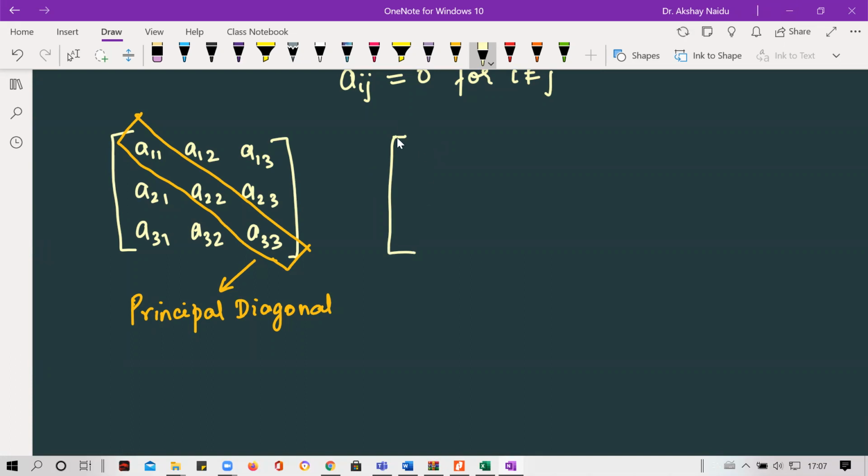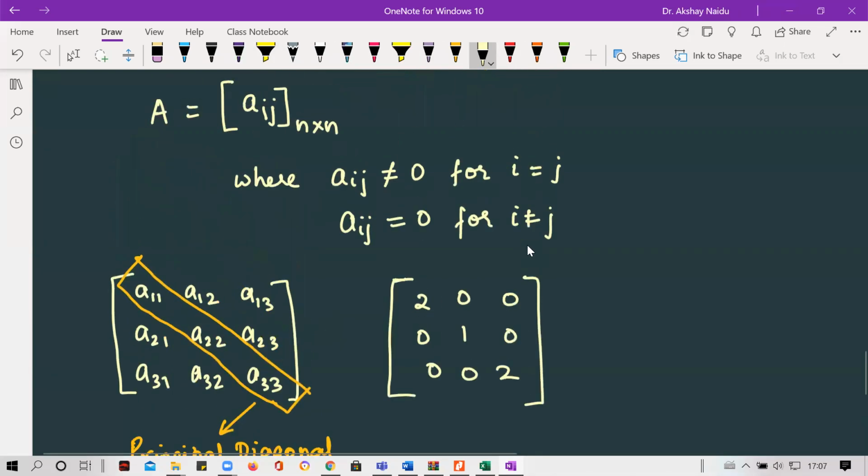So you have 2, 1, 2, and the rest of the elements will be 0. So this is a diagonal matrix: Aij is not equal to 0 for i equal to j, and Aij is equal to 0 for i not equal to j.